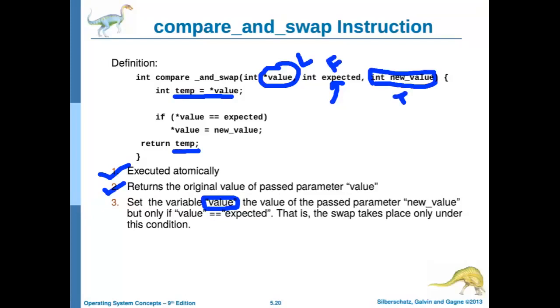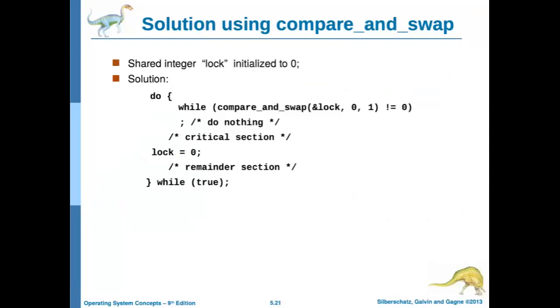Okay. Now why star value? Because this is a pointer variable. So if star value equals expected value, star value is set to new value, and return the temp, that is the original value. And if you want to use it exactly like test and set, it is the same thing here.